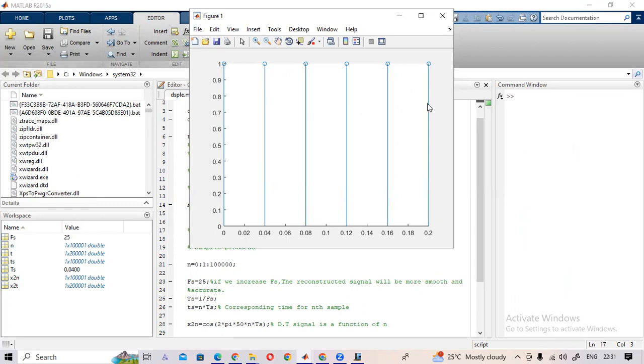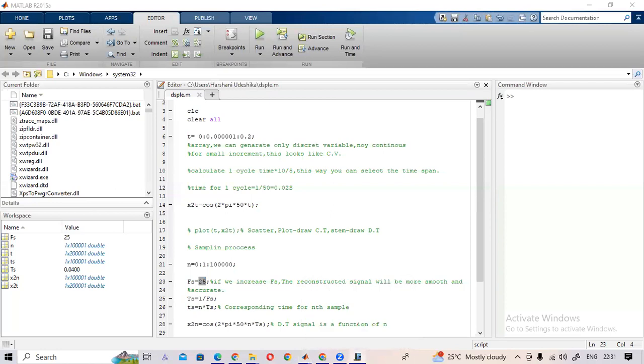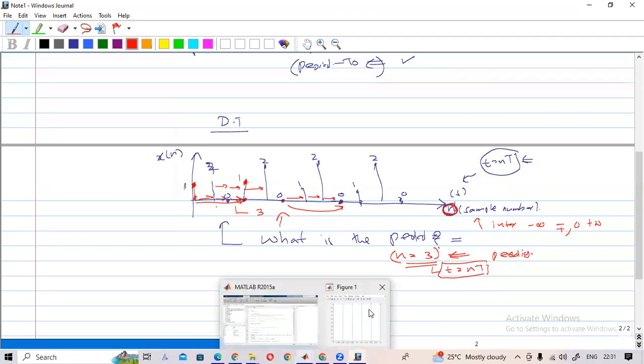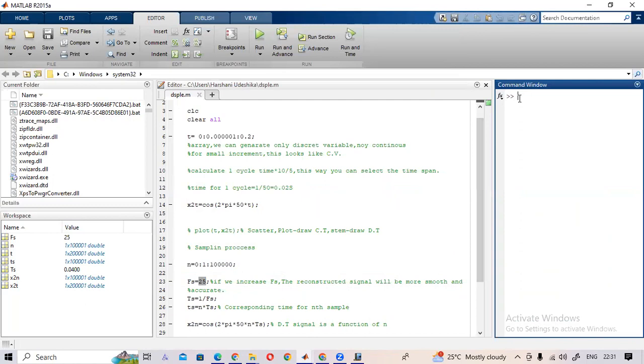So what is the period of this discrete time signal? This is our sampled signal. Once we sample it at 25 hertz, we get a signal like this. The samples are taken after 0.04 because the sampling frequency is 25.